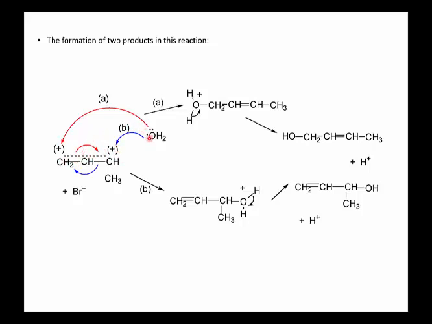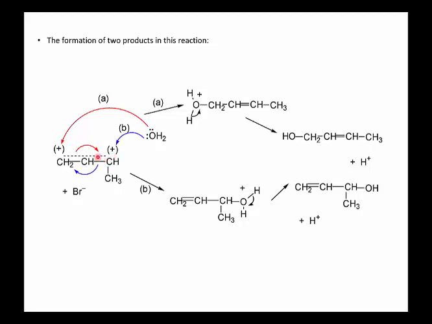Well, depending, it's a statistical and reaction factor kind of thing, but part of the time the water will nucleophilically attach to this positive CH carbon here. I'll call that route B, and let's follow through what happens when this water nucleophilically attaches to that.